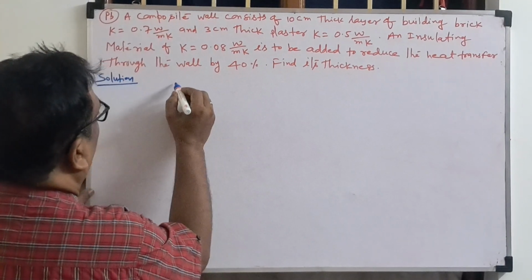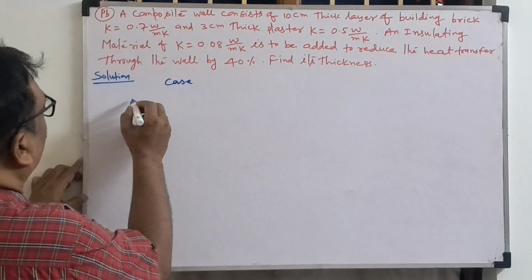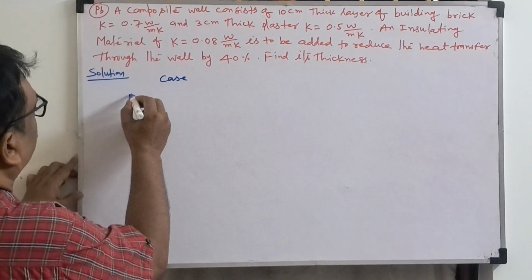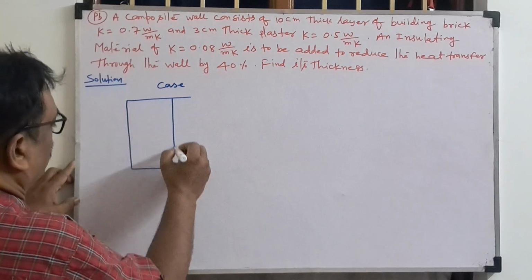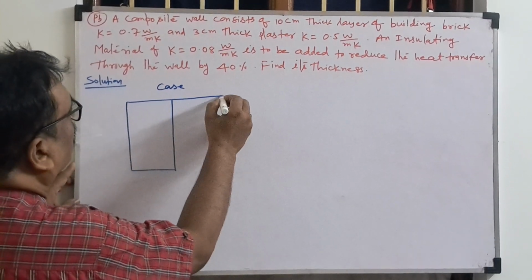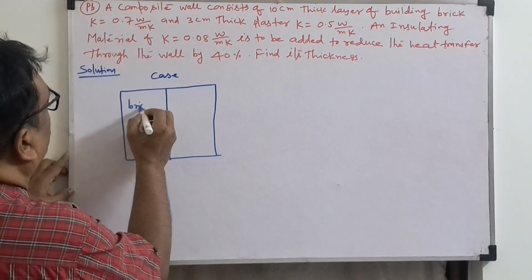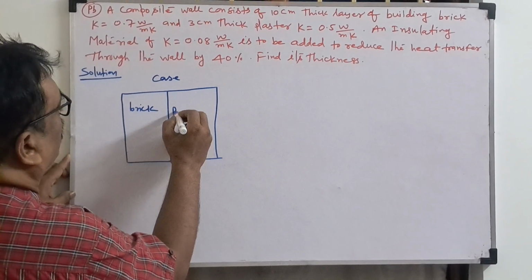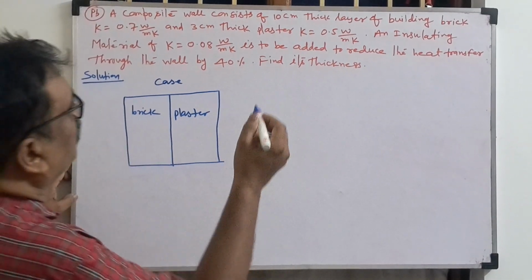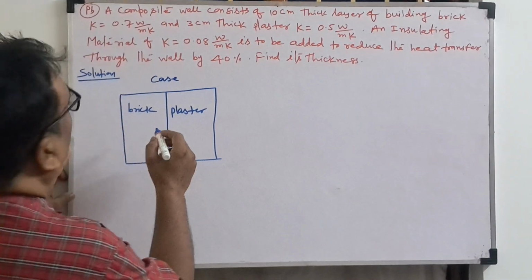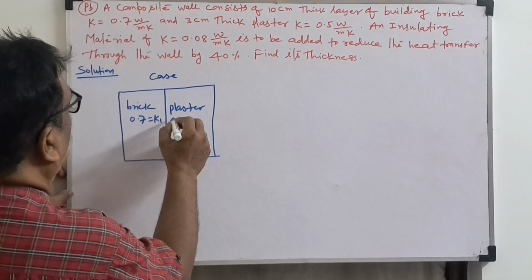So see here, case 1, what is given? Two walls are there, one brick and one plaster. Brick thermal conductivity is 0.7, that is called K1.